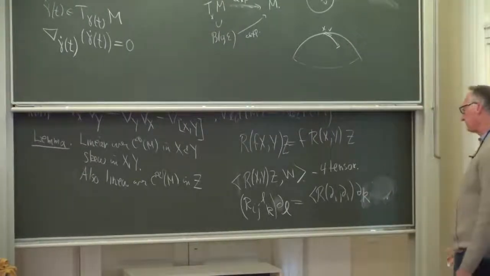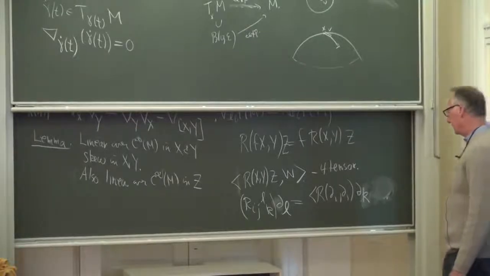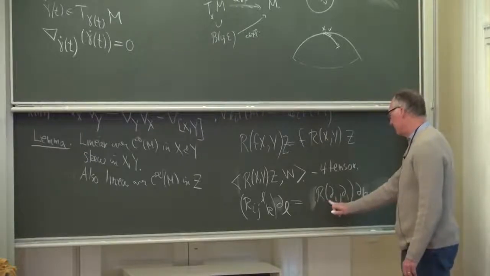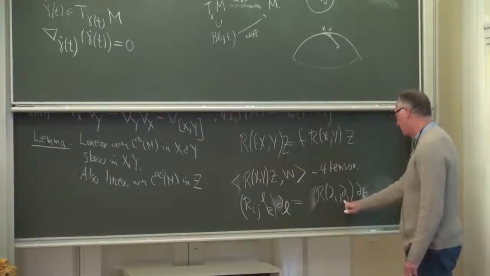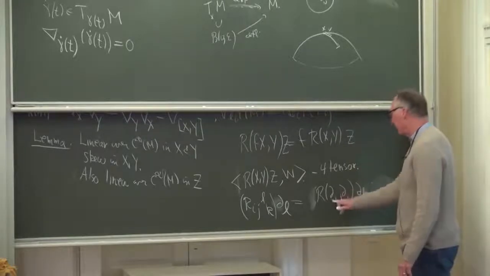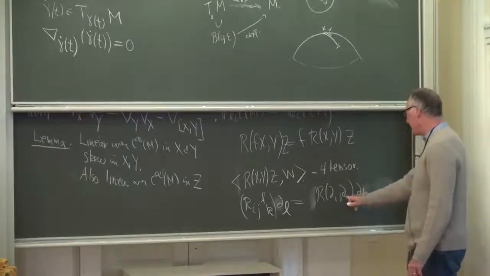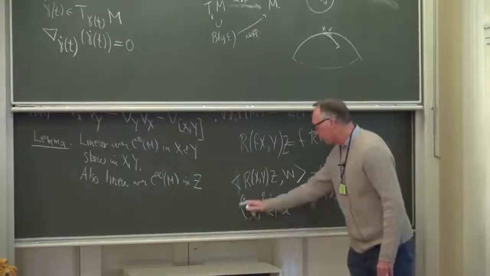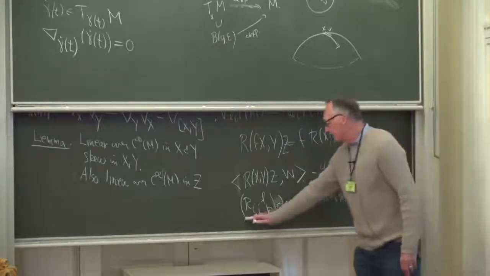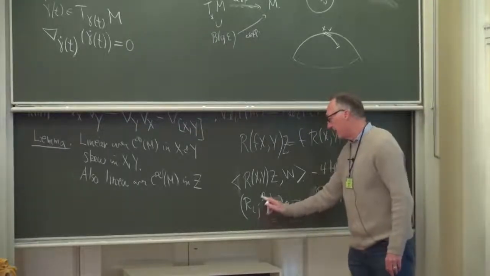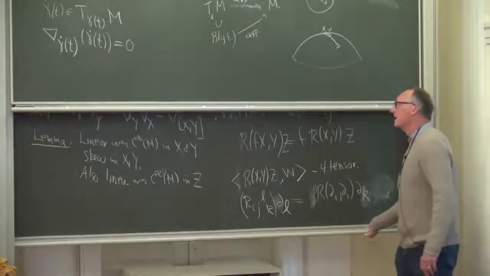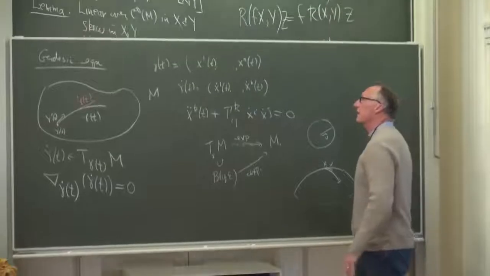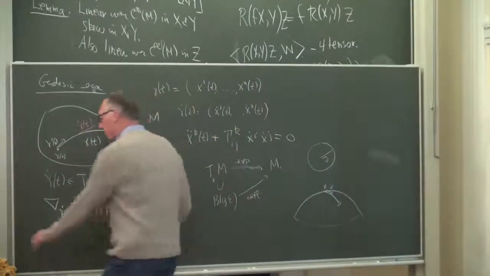So if you take the curvature and apply it to partial i, partial j, that gives you an endomorphism of vector fields. Apply that endomorphism to partial k, you get a new vector field, and that vector field is written in terms of these. So that's the definition of R_{ij}^l_k. Okay. And now we have a 4 tensor, and this is the 4 tensor of Riemannian curvature.